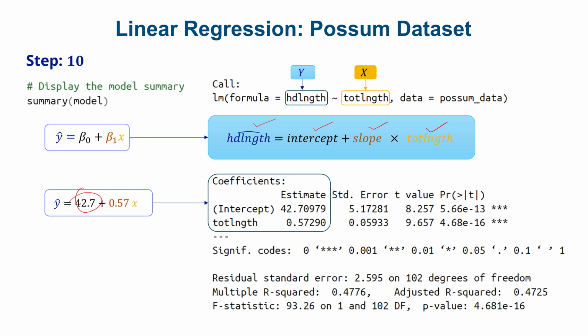Slope equals 0.573 means that for each additional centimeter of total length, head length increases by 0.573 centimeter. This is the key value in our model, representing the strength of the relationship between total length and head length.